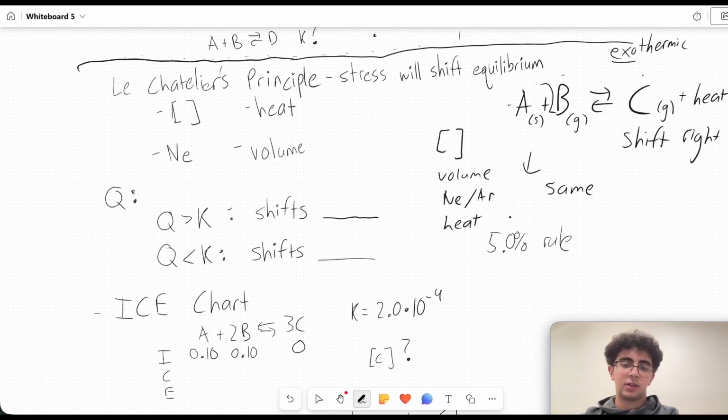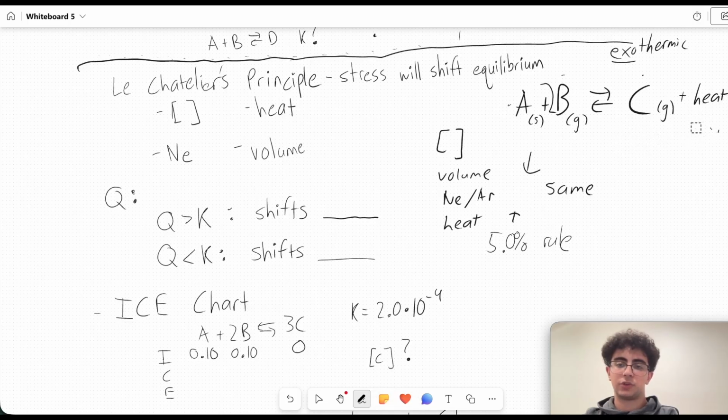And now let's say the question is asking if we add heat, which way is it going to shift? If we add heat, we can just treat this like a reactant. If this was a reactant and we increased it, then you'd say, oh, all right, it shifts this way. It's the same thing. If you increase heat, it's going to shift that way. It pretty much behaves like a reactant.